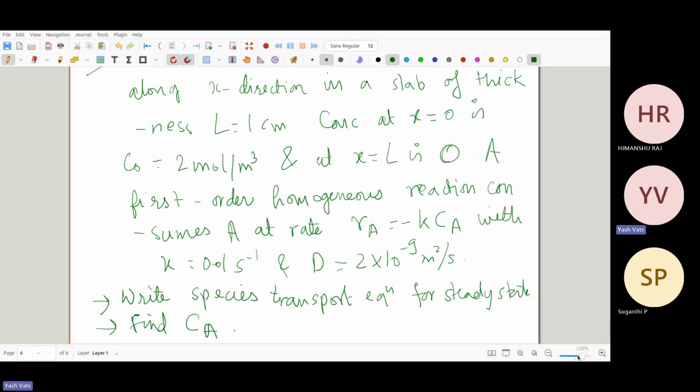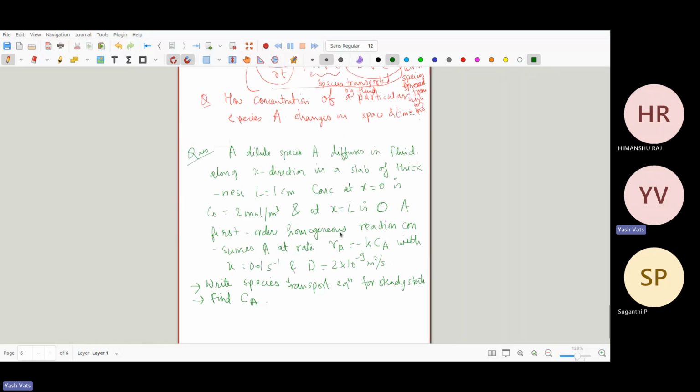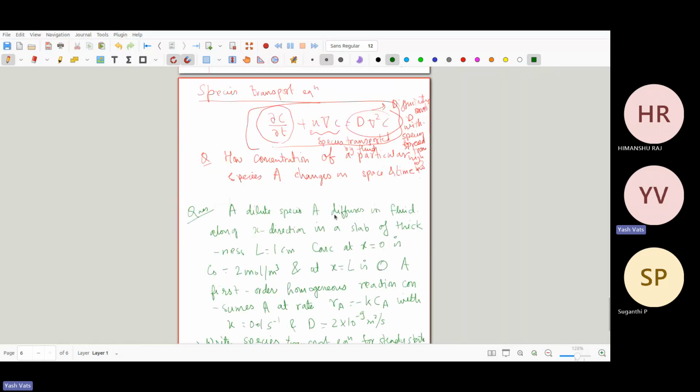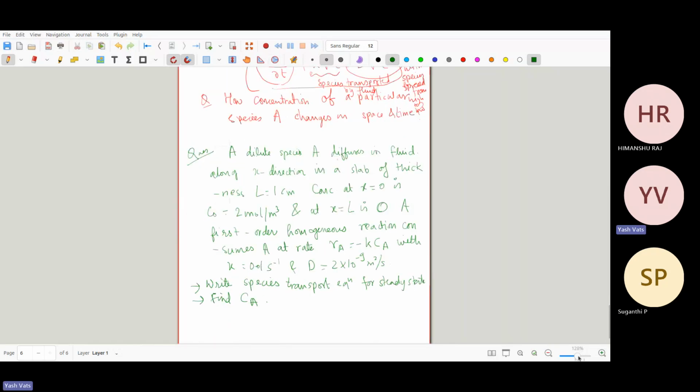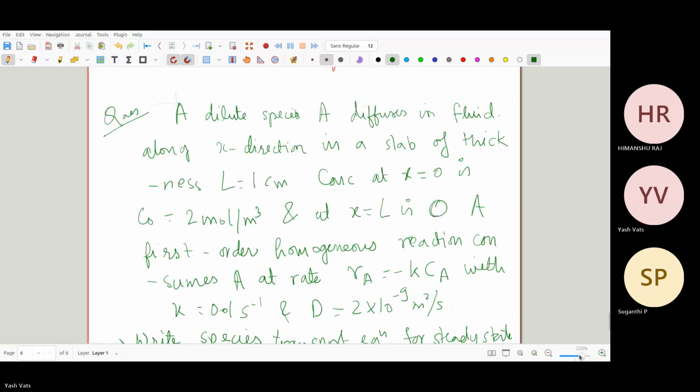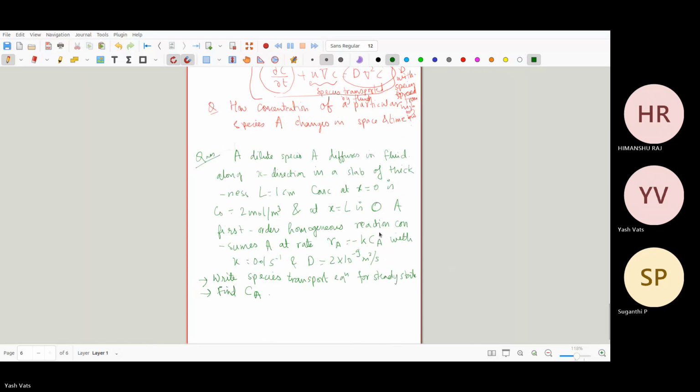Just try this using the same logic, but you need to modify the equation in a way that it fits. Give 5 to 8 minutes and find the value of CA. Let me know what your answer is.